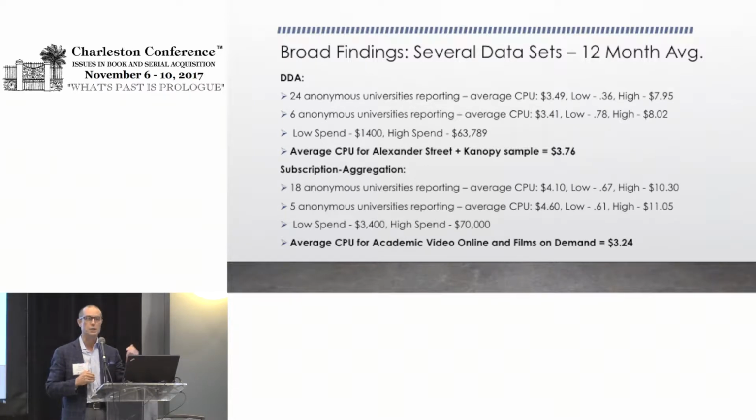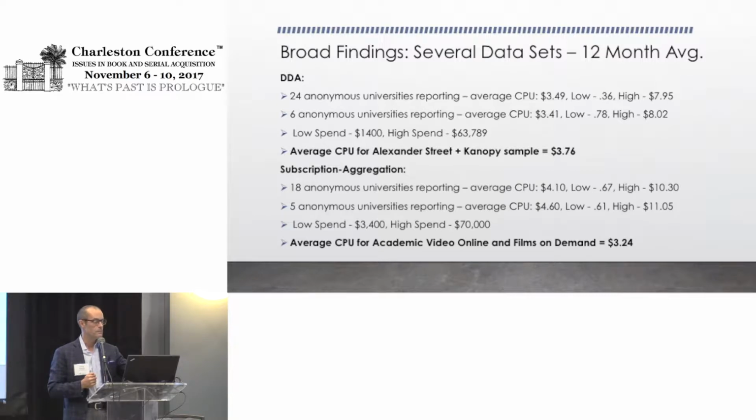There isn't a wide swing one way or the other in bottom spend, top spend, cost per use. In other words, on average, we're in a fairly tight range in cost per use between the subscription aggregation and the demand-driven access platform model.